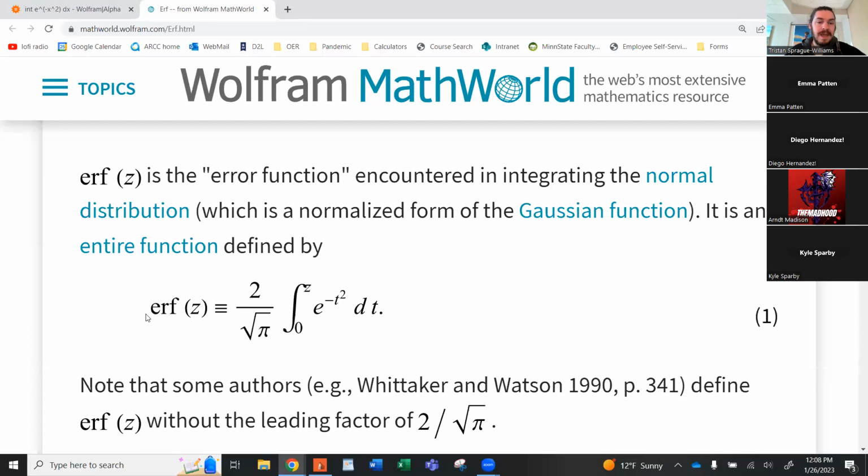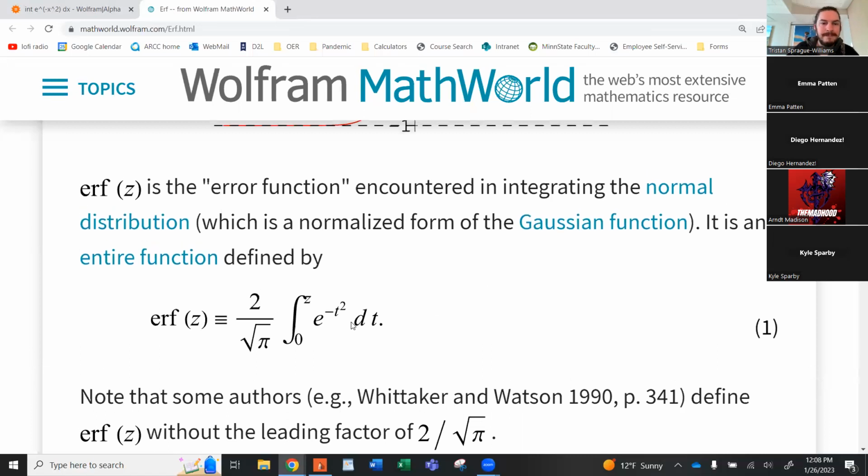So if the antiderivative of e to the negative x squared is defined in terms of that definite integral of e to the negative x squared, it's not like ERF is something that you can handle on its own, independent of this integral. ERF is the result of that integral.